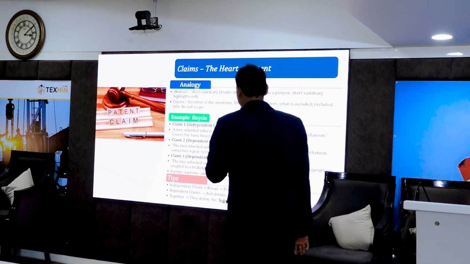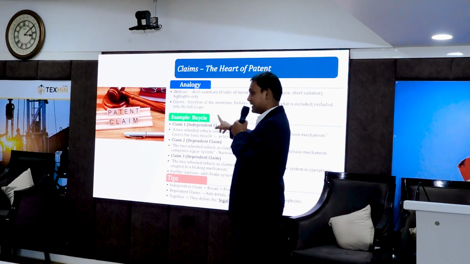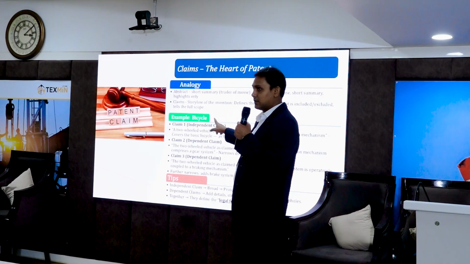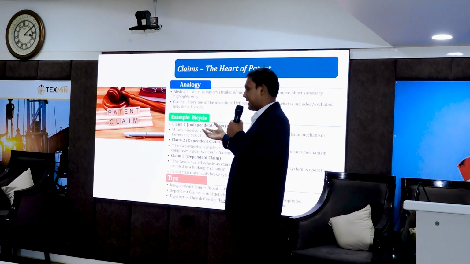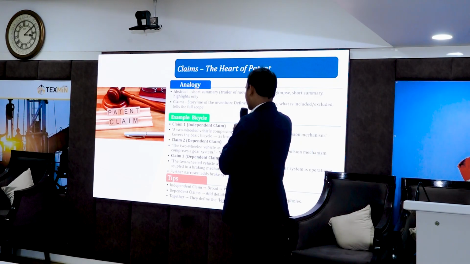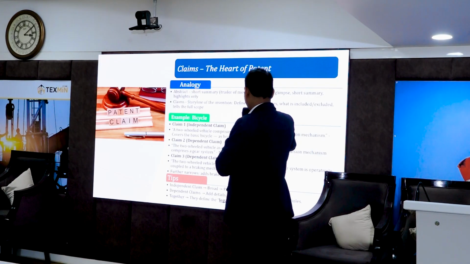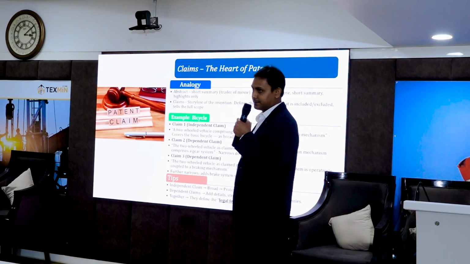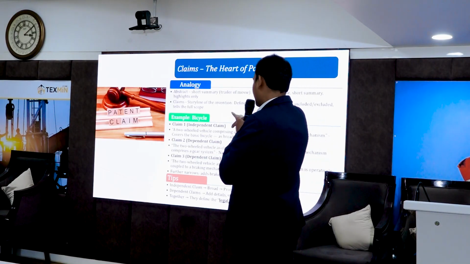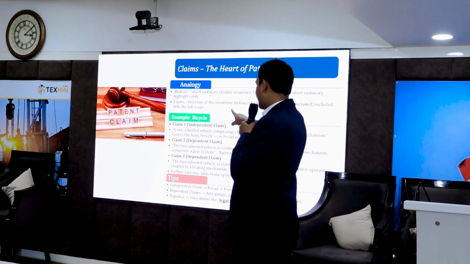So you can say this bicycle has been written in a different way: a two-wheeled vehicle. It's a type of drafting. So it's a two-wheeled vehicle comprising a frame, a handle, and a propulsion mechanism. Okay, so that is the bicycle. What is a two-wheeled vehicle?